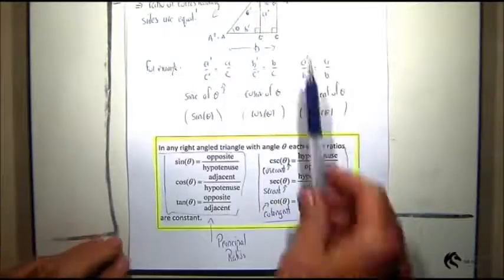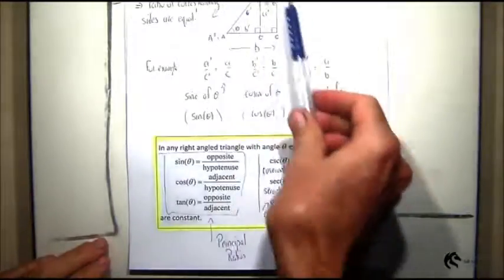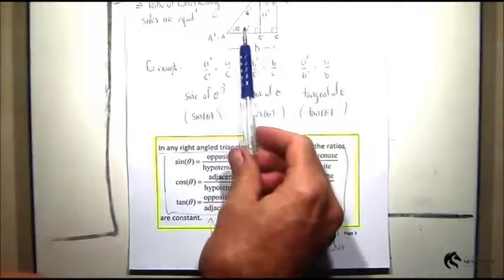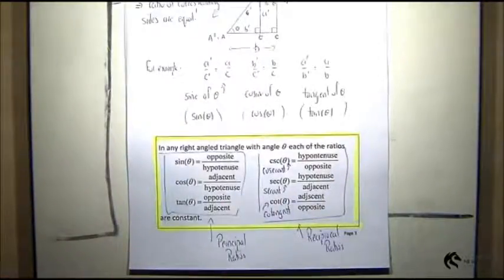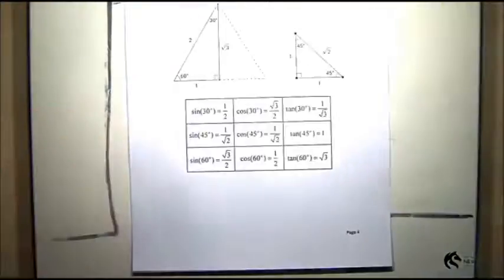Now, the beauty of all this is if there's some triangle for which I know what these ratios are, then I can apply those ratios to any other triangle that's similar to it. So the important thing is, can I find one triangle where I know what's happening? And the answer is, in some cases I can.